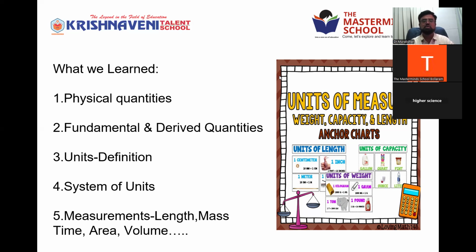Similarly, mass with the help of various balances, time with various watches, and area. We have seen how to measure the area of regular and irregular surfaces, and volume of regular and irregular solids, and volume of liquids by using various devices like pipette, burette, flask, jar, measuring flask.